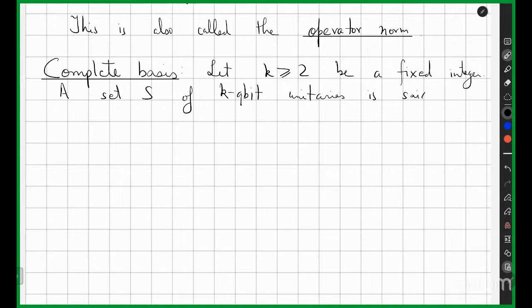We call the set complete in these cases.